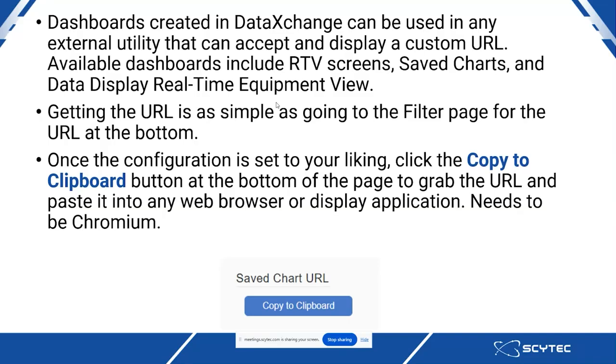Getting the URL is as simple as going to the bottom of the filter page and grabbing that URL, and then you can paste that inside of any web browser or display application. The only thing of note is the browser that you paste this into needs to be Chromium-based, such as Google Chrome.